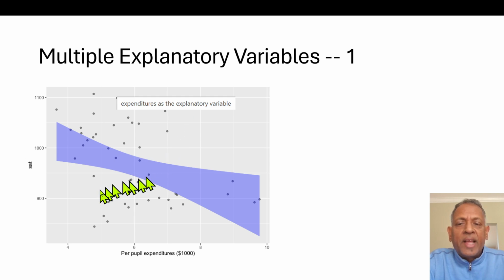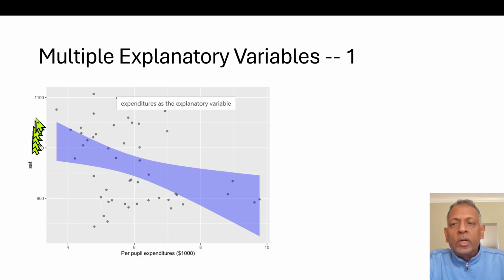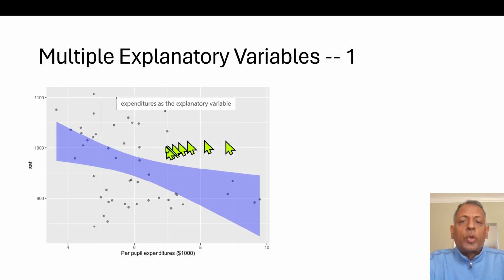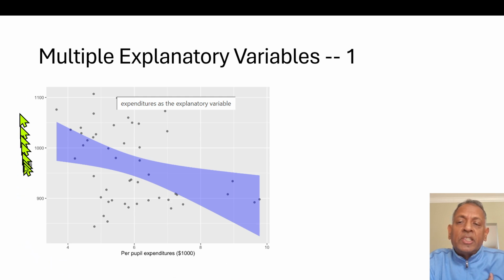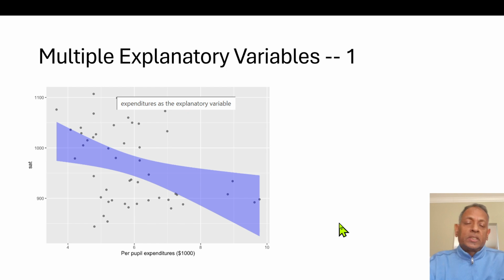And they related that expenditure to the average SAT scores of those states. So here, every point represents a single state, and they essentially looked at how much money each of the states is spending per capita on students and what the average SAT score of the students is.